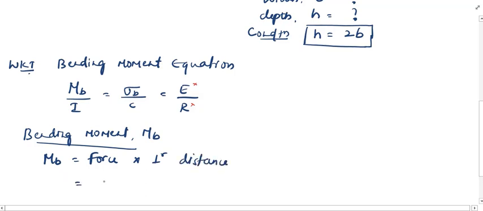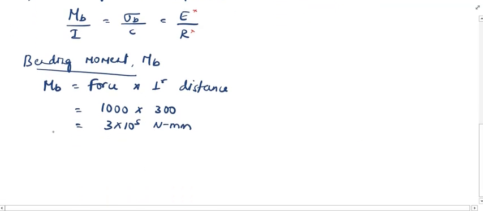The force is given as 1000 newtons into distance 300 mm, so it comes to be 3 into 10 to the power 5 Newton mm. That is your total bending moment MB.